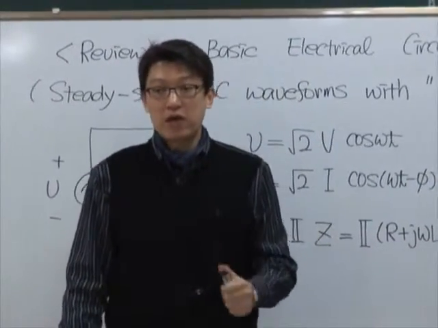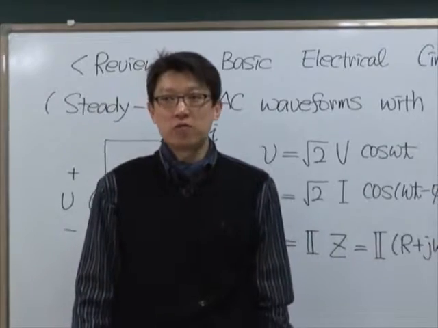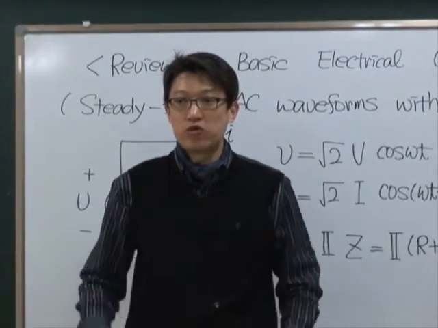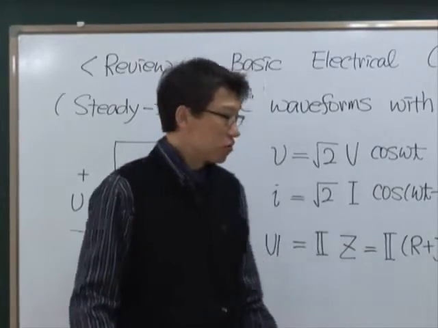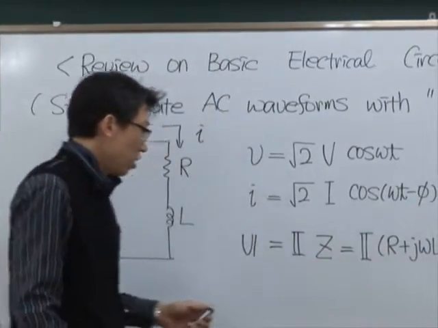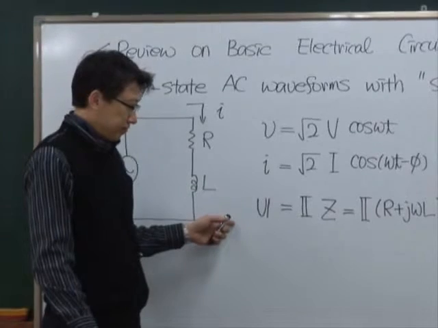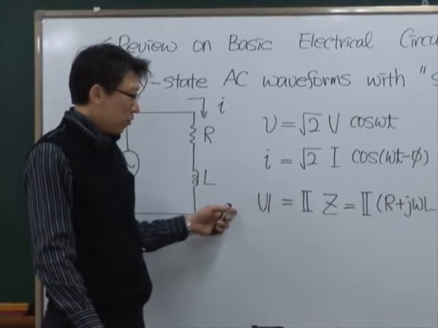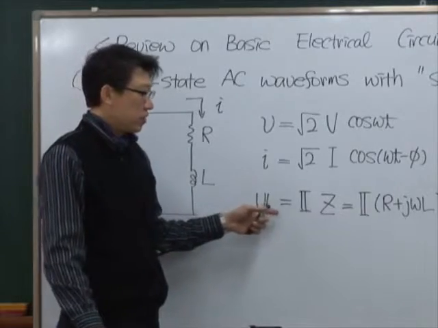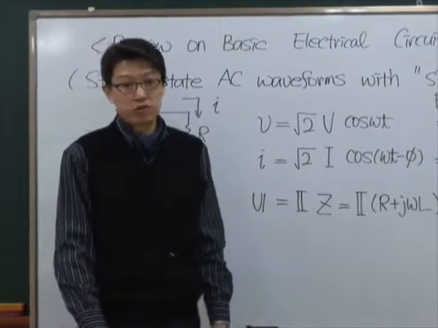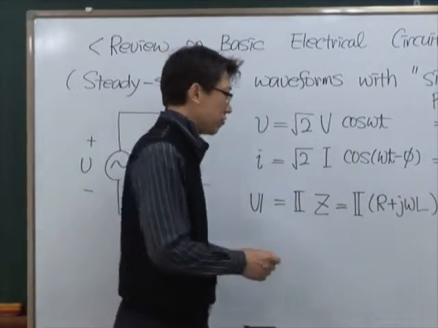Like any other course, you have to know the fundamentals very well. Otherwise, you cannot go a step forward. So this is phasor analysis. Now, once you describe voltage and current using phasors, what about the impedance? Impedance you can also describe as a complex number.